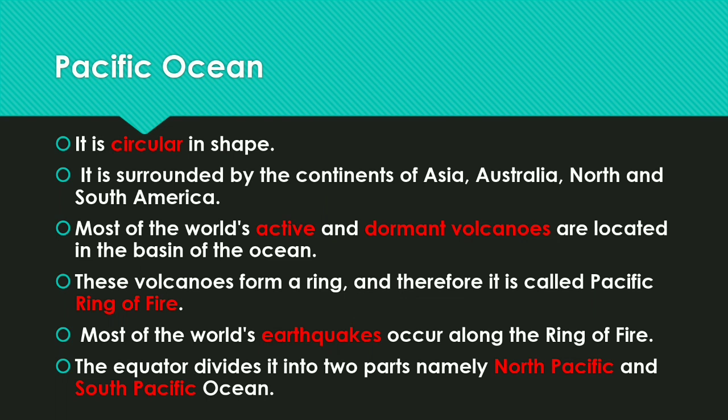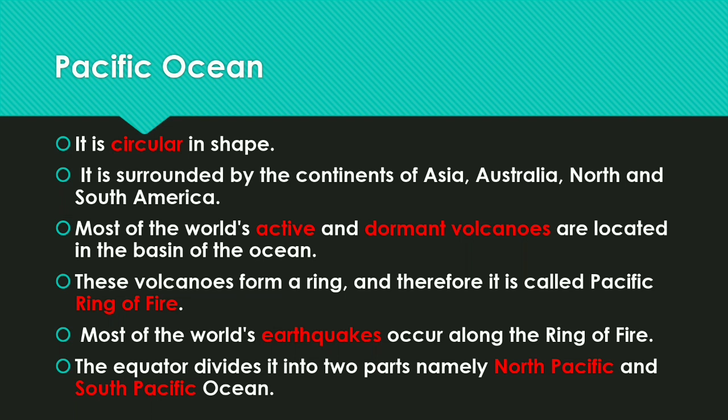Most of the world's active and dormant volcanoes are located in the basin of this ocean. Active volcanoes erupt frequently, and dormant ones are like sleeping volcanoes which have not erupted for a long time but can erupt at any time.